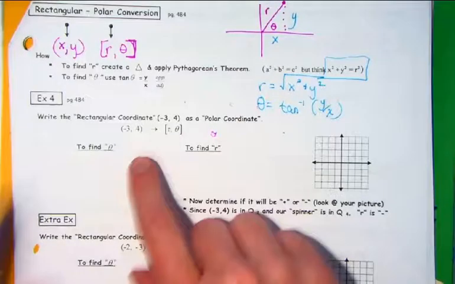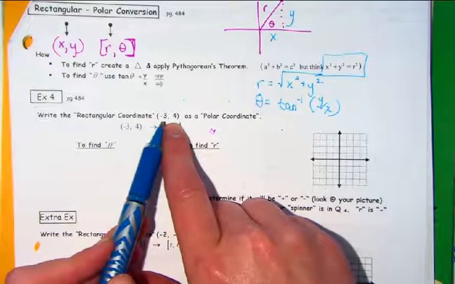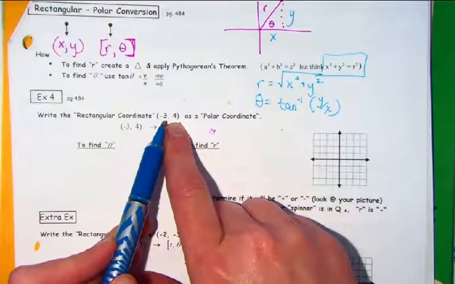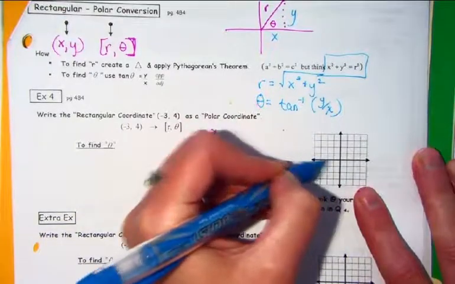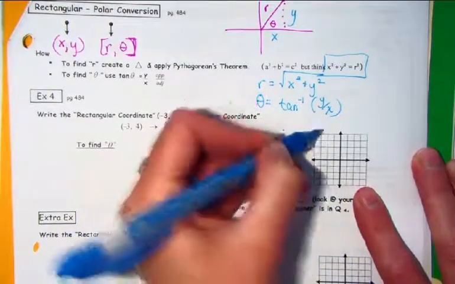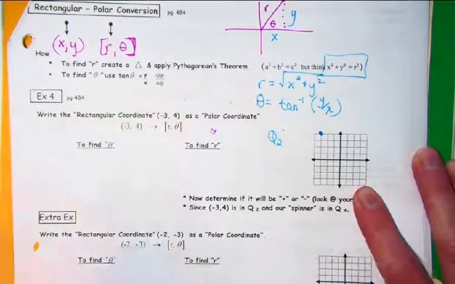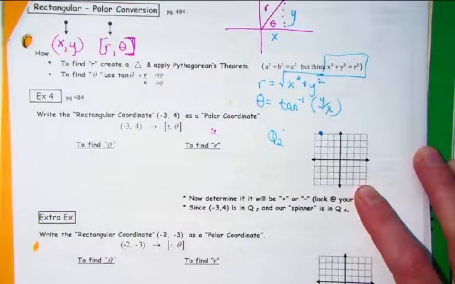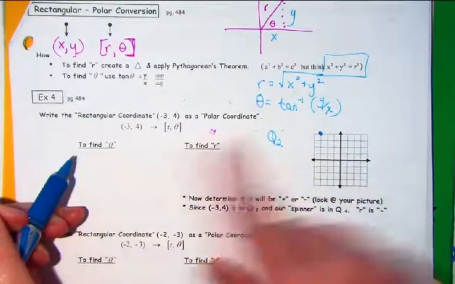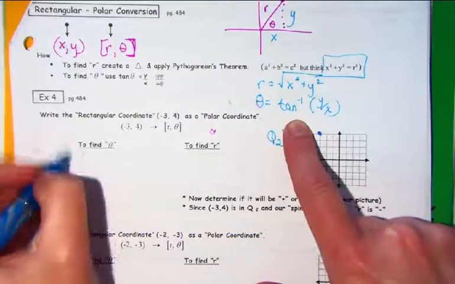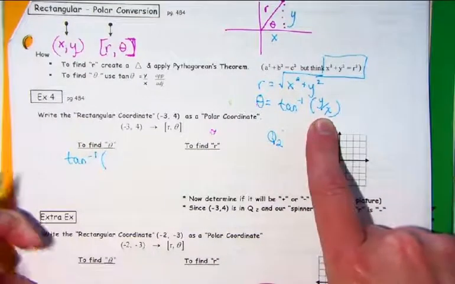Let's see what this would look like. Doing one example here, I have a rectangular coordinate, -3, 4. Let's graph that first, get a sense of where we're looking. 1, 2, 3, 1, 2, 3, 4. We're looking somewhere up here in quadrant 2. So we'll find our angle. That tells me I need to do inverse tangent of y over x.